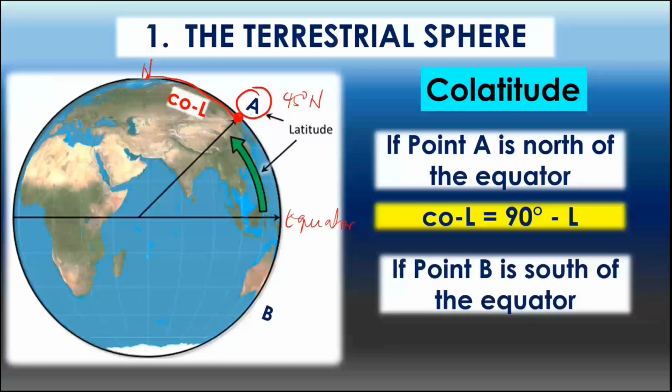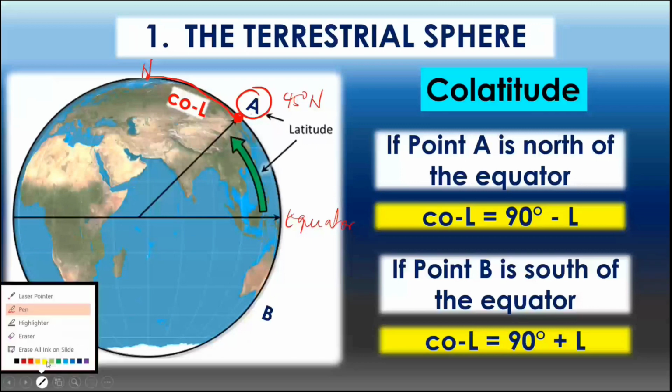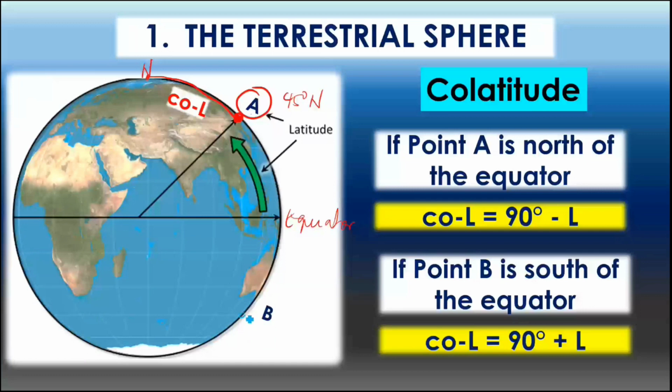Next, if we have a point B, which is on the south of the equator, determining the colatitude will be equal to 90 degrees plus the latitude of point B. For example, the point B is here, and say this measures 45 degrees south.